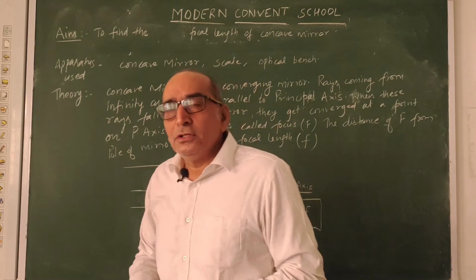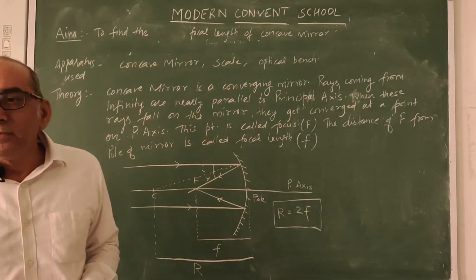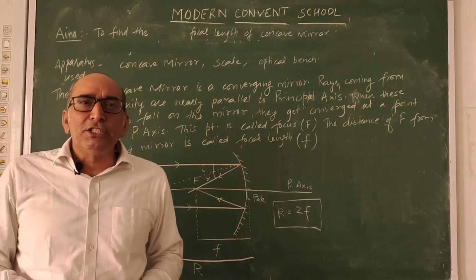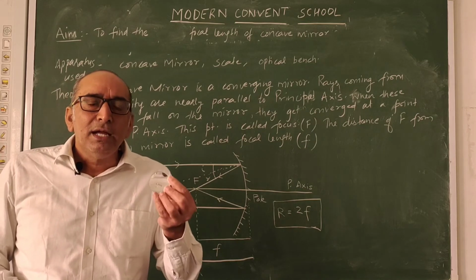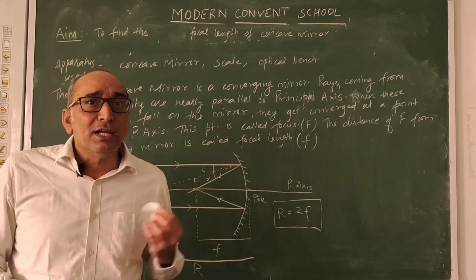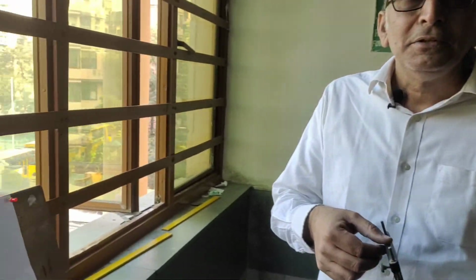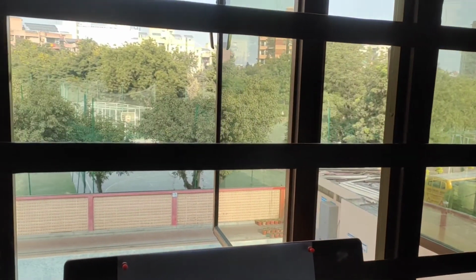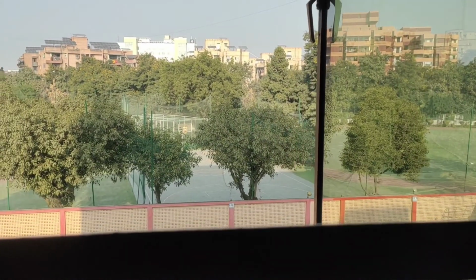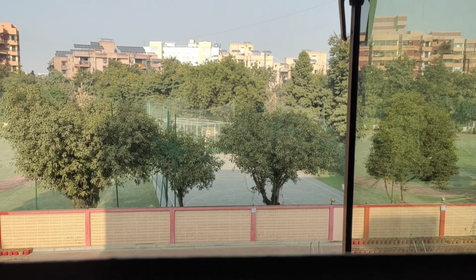Now we are going to take the image of a distant object using this concave mirror and estimate the focal length. For finding the focal length of the concave mirror, we have come outside and you might be seeing the buildings through this window.